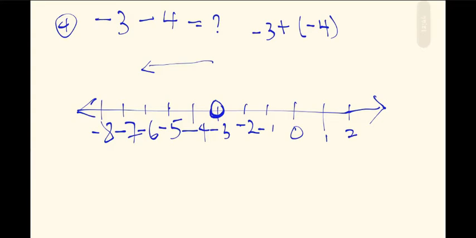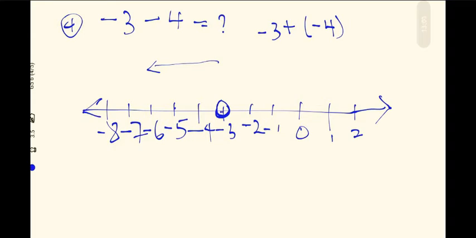Yes, so we are moving 4 units in the left direction, adding -4 to -3. We do the counting: 1, 2, 3, 4, and we get an answer: -7.